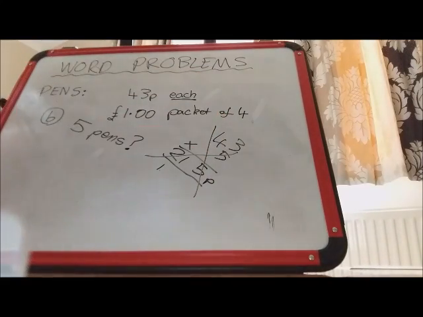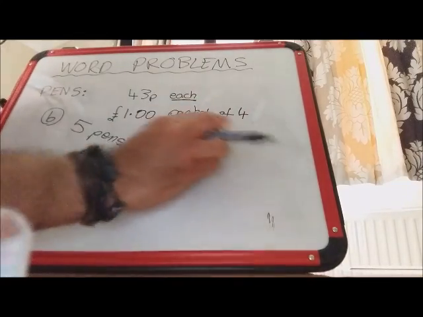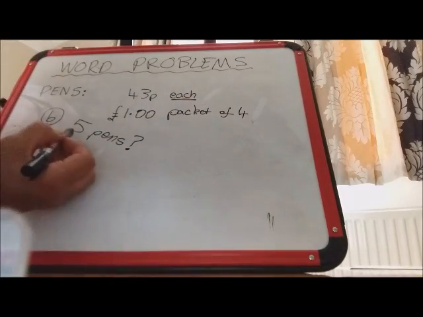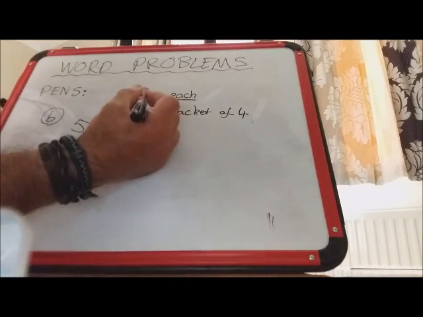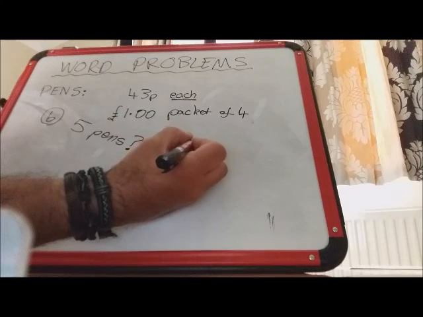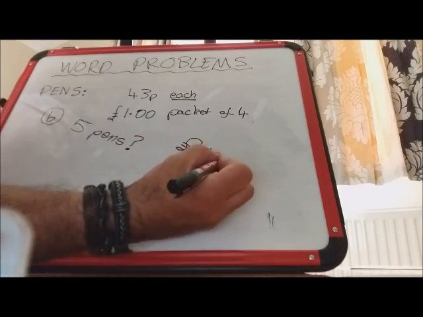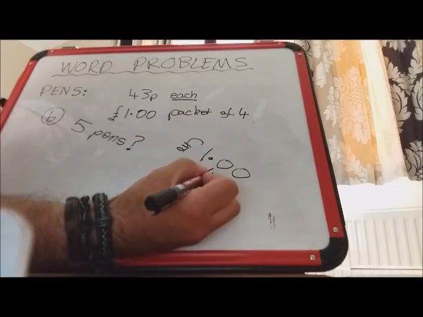However, that wouldn't really be acceptable, because if you want 5 pens, you could buy a packet of 4 pens and then 1 pen here. So 5 pens is £1 for a packet of 4, and then 43p for the individual pen.